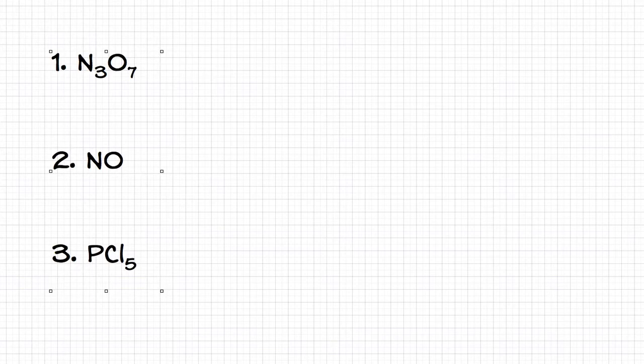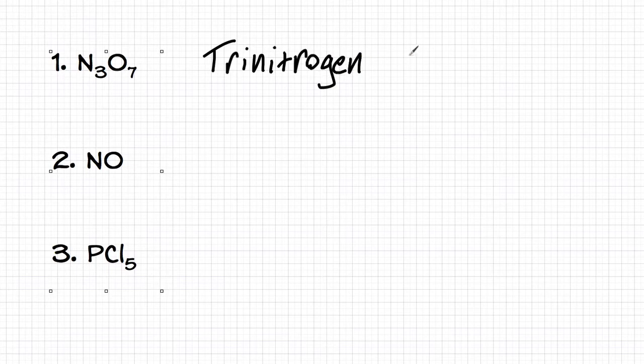And we see that we have 3 nitrogens, and the Greek prefix for 3 is tri. So this is trinitrogen. And we have 7 oxygens, so that's going to be hepta oxide.